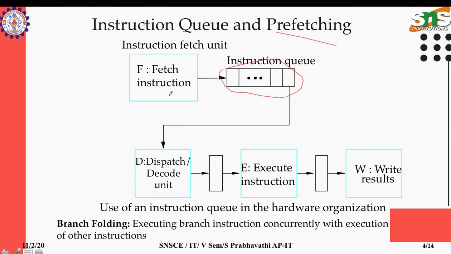It has another capability: if the fetched instruction happens to be a branch, it will also predict the target address. Once the target address is known, we could avoid stalls in the pipeline. So that's the logic for introducing this instruction queue and prefetching the instructions, so that cache miss won't happen.